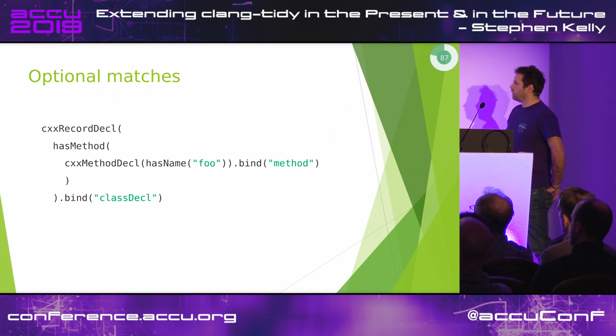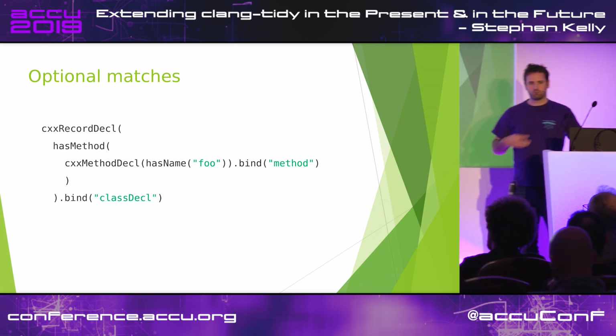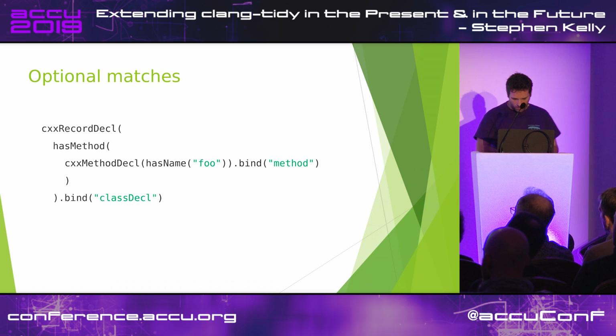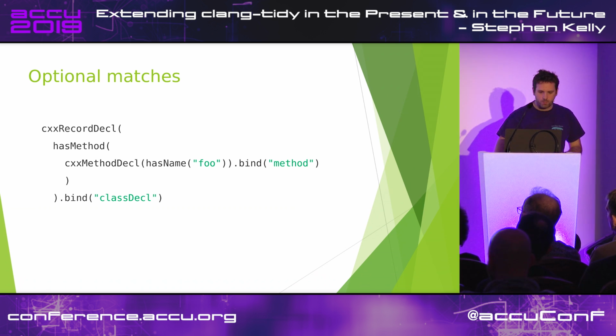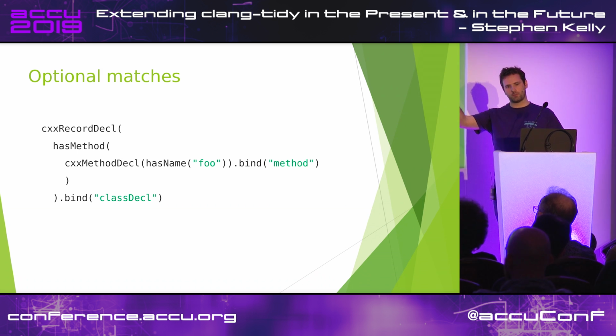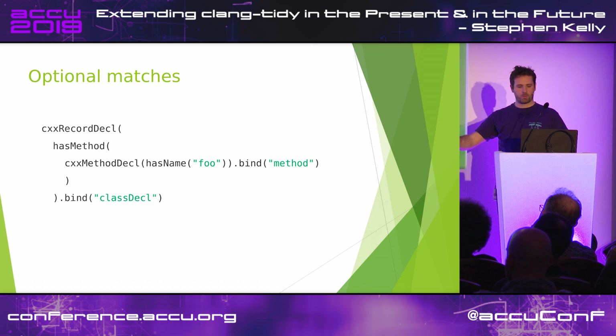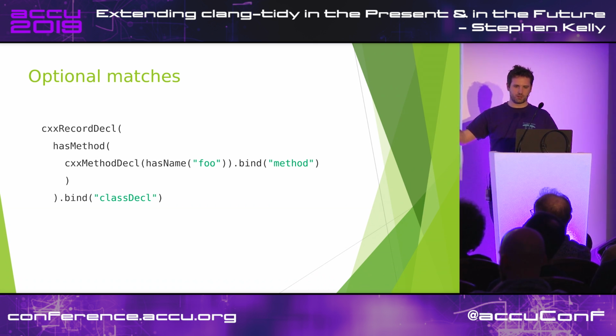Another thing that might come up when you're writing your matcher is something like this problem, where you want to match all of your classes, and you want to match a method foo if it exists.